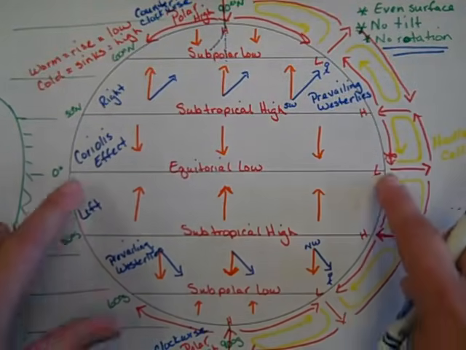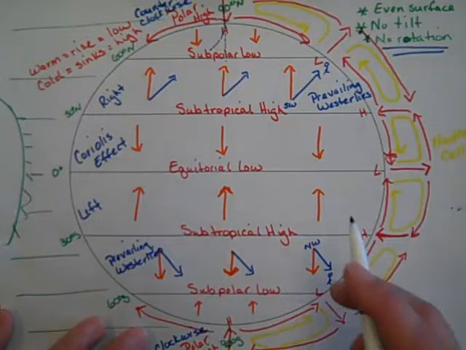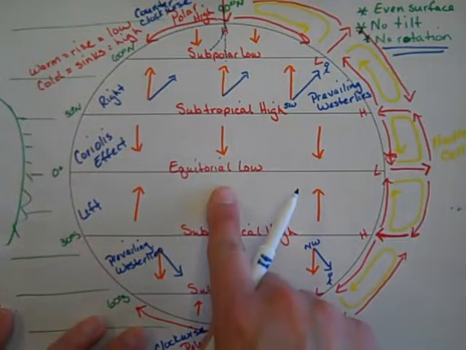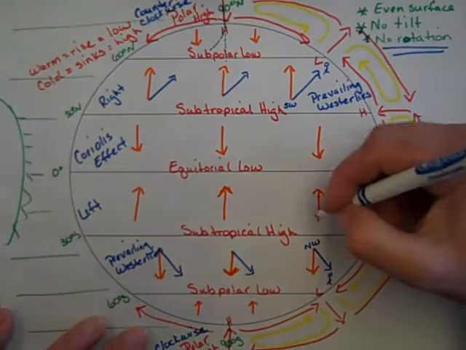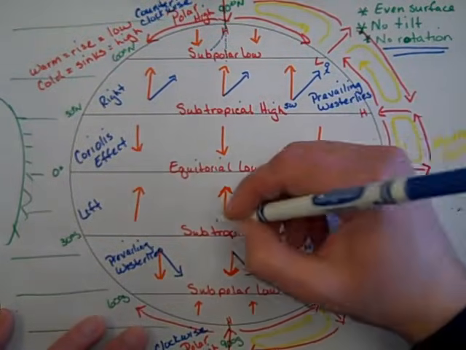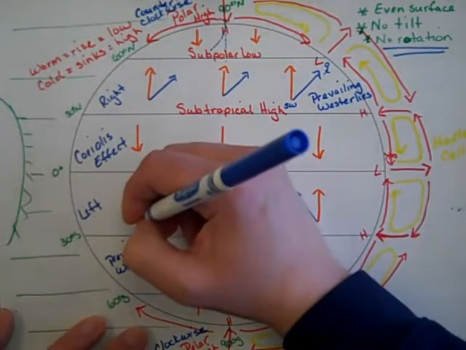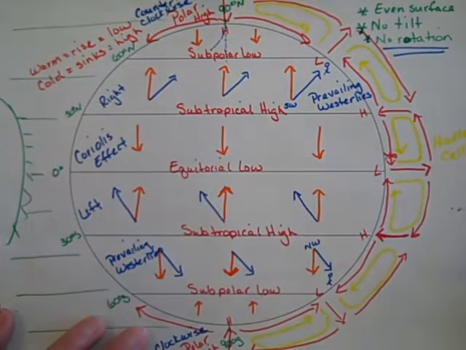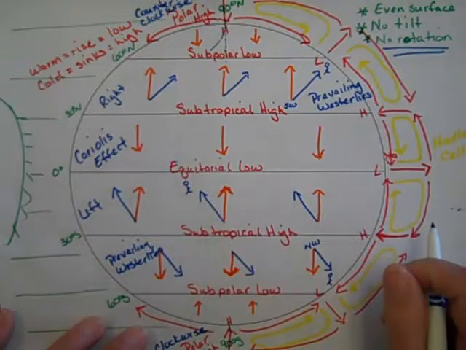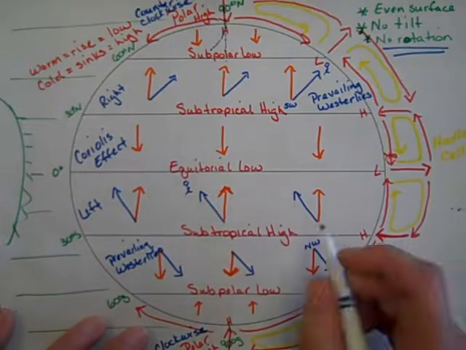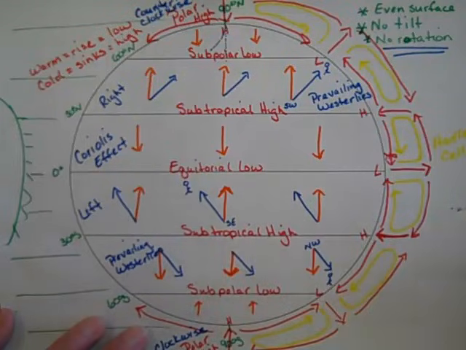Now if we look at this belt here, between 30 and 0, here we are in our southern hemisphere. If we are walking along this arrow, we're going to get deflected to the left. And so if we're standing here on our island in the equator, the wind appears to be coming out of the southeast.